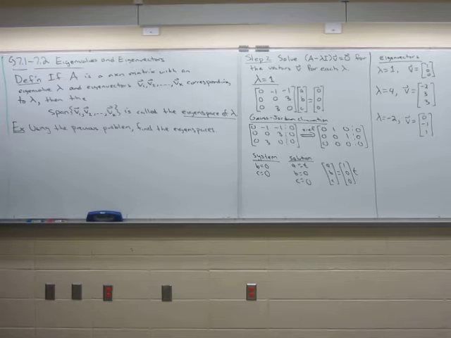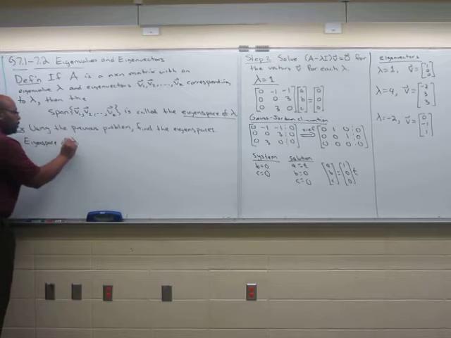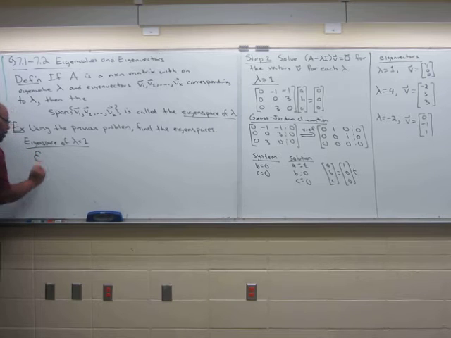If we look at the first one, I can say the eigenspace of lambda equal to 1. I'm going to use a curly E with a 1 here.